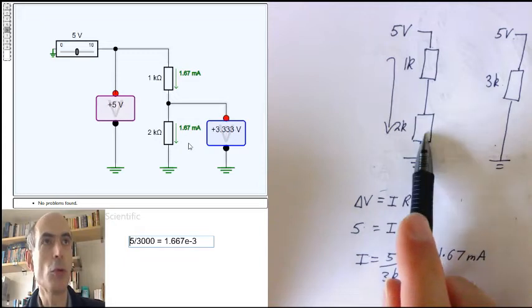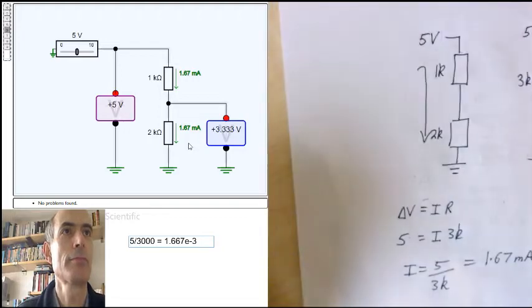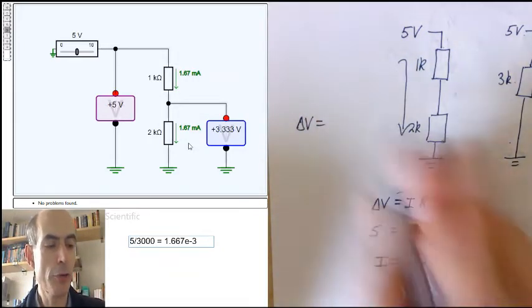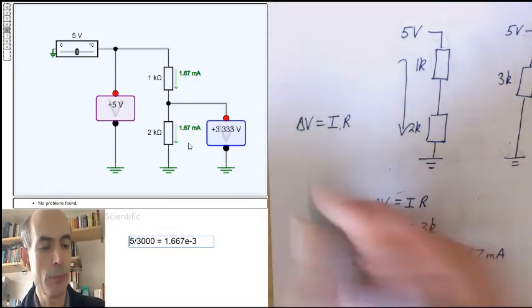Apply Ohm's law to the 2K resistor. The voltage across the 2K resistor is the current through the 2K resistor times the value of the resistance.